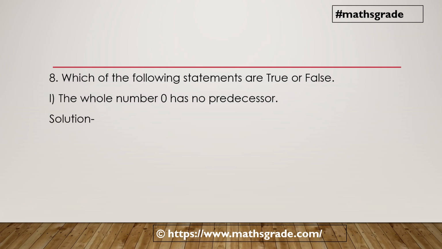Now question number L. The whole number 0 has no predecessor. Whole numbers start with 0 and the predecessor is the before or the previous number. We have to subtract 1 from the number. So the predecessor of 0 is 0 minus 1. We have to subtract 1 from the whole number 0. So 0 minus 1 is minus 1.